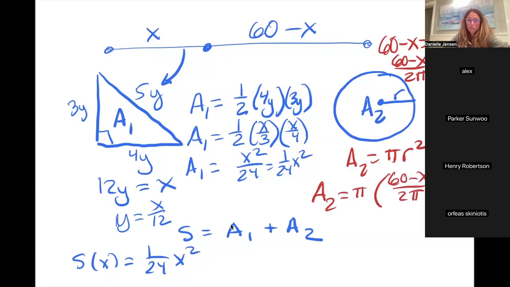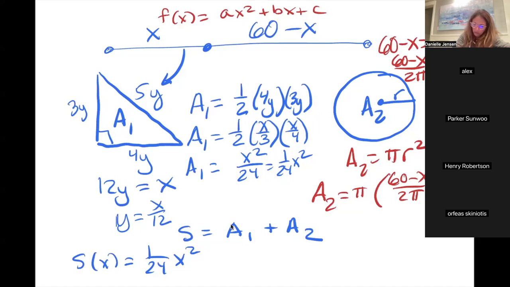Okay, so honestly, the rest is just cleanup. The goal with all these types of problems, whether it's a fencing problem or this or an economic problem, is to get it into standard form, ax squared plus bx plus c, so then you can easily find the vertex, or at least the x coordinate of the vertex.